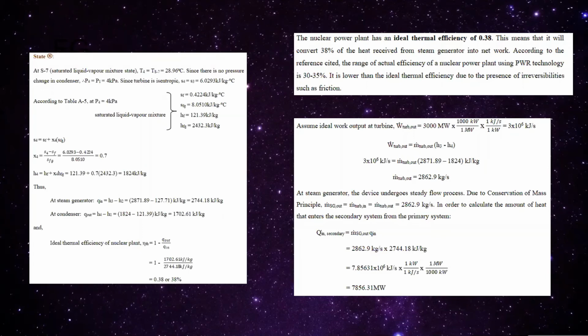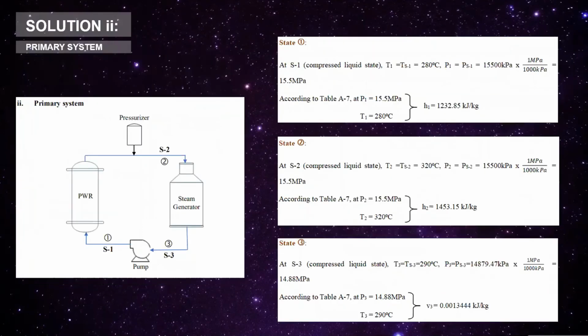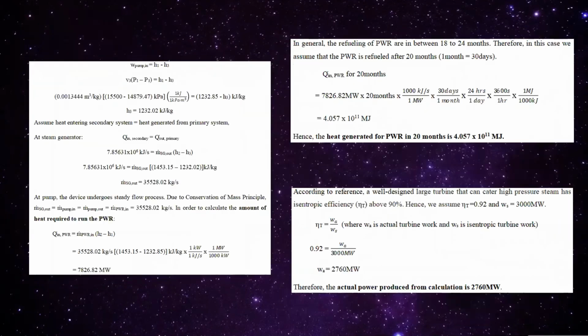By assuming the ideal work output is 3000 megawatt and using conservation of mass, we managed to calculate the heat entering the secondary system. At the primary system, we still perform an energy balance to find all the H and V values required. Since the heat entering the secondary system equals the heat leaving the primary system, we can find the mass flow rate of the primary system and the amount of heat required to run the PWR.